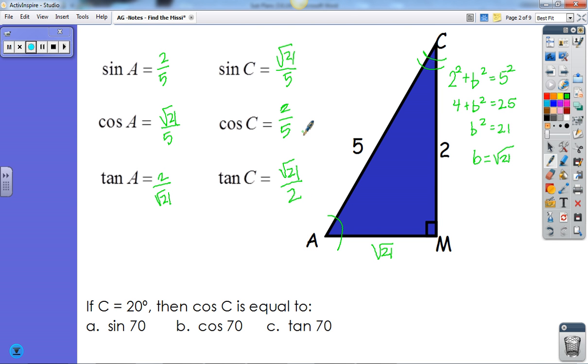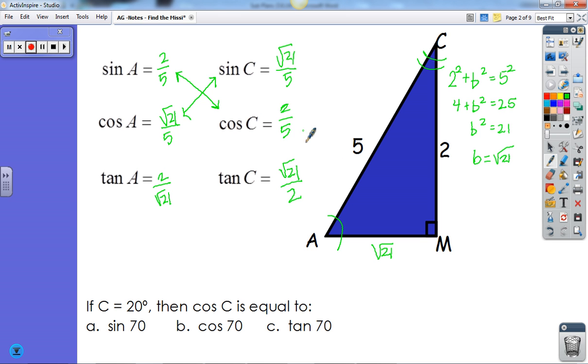Now I want you to notice that there's a relationship between these two and these two. Notice that the sine of one of the angles is the same as the cosine of the opposite angle.